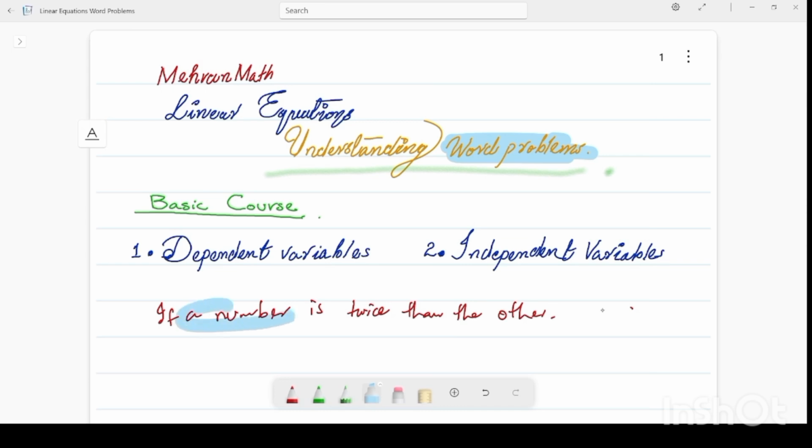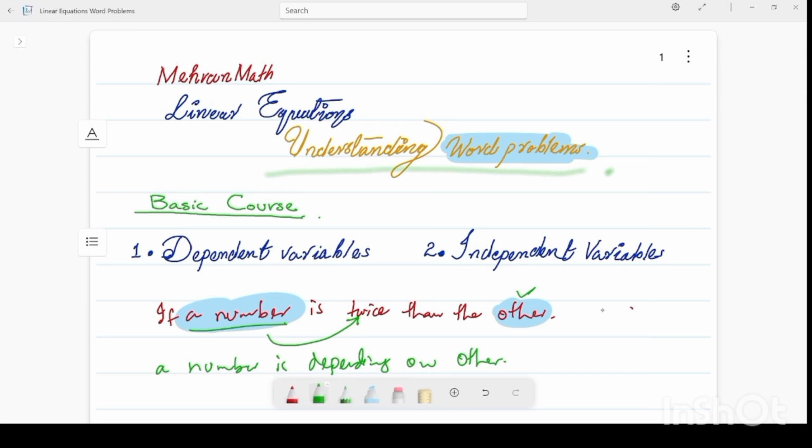One number is a number and the other one is this one. Now they are describing that this number is twice, but twice of what? Twice of the other. So it means this number is depending on the other.